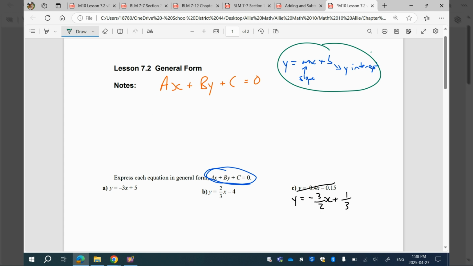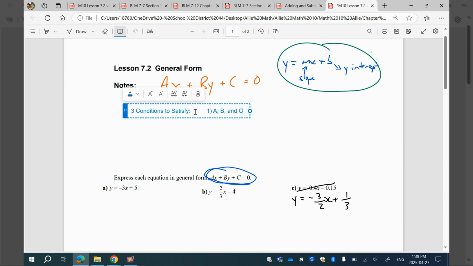But there are some conditions that we need to satisfy, and I'll type this up so you don't have to read my writing. 3 conditions to satisfy for this to be in general form. So number 1, A, B, and C must be integers.